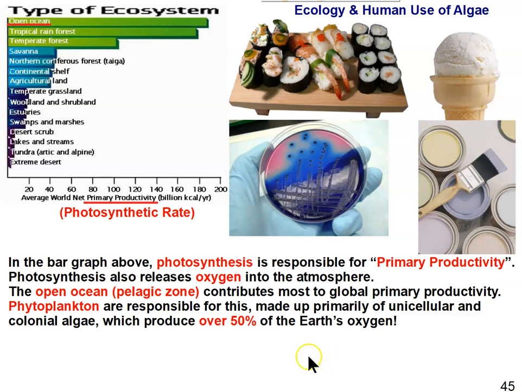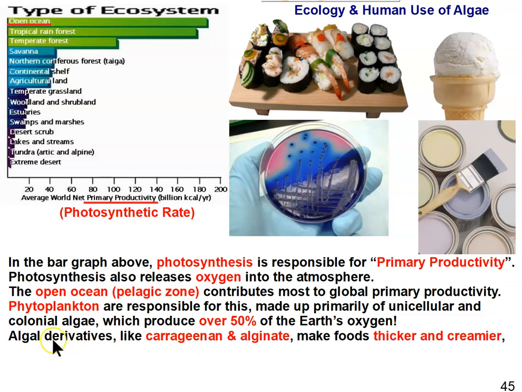But how do humans use algae? Well, you can see here, we eat it. You directly eat some algae. If you eat sushi, a lot of sushi is wrapped in algae. But we also get derivatives from algae. If you look on a label of ice cream, you might see carrageenan and alginate listed. These are algal derivatives, molecules that are taken from algae and used to make foods thicker and creamier, like ice cream.